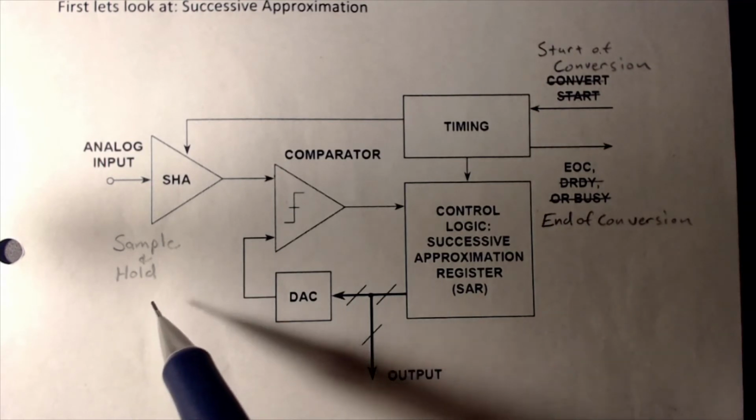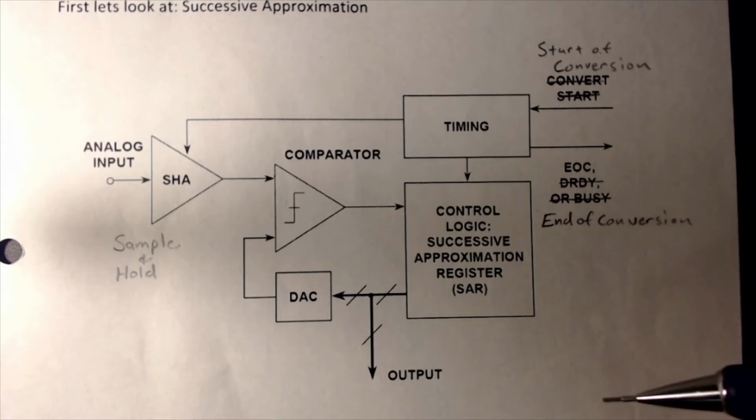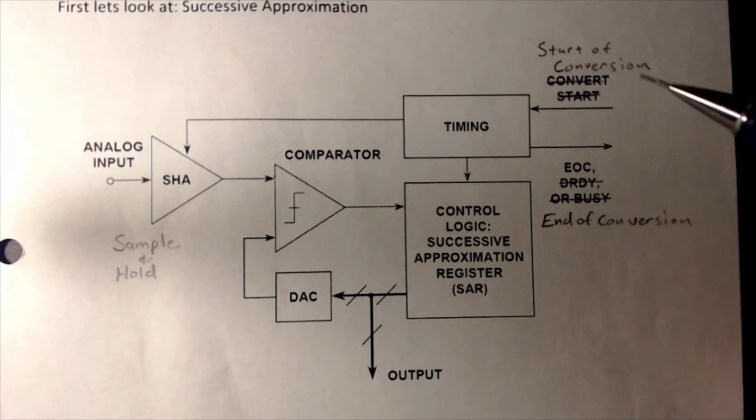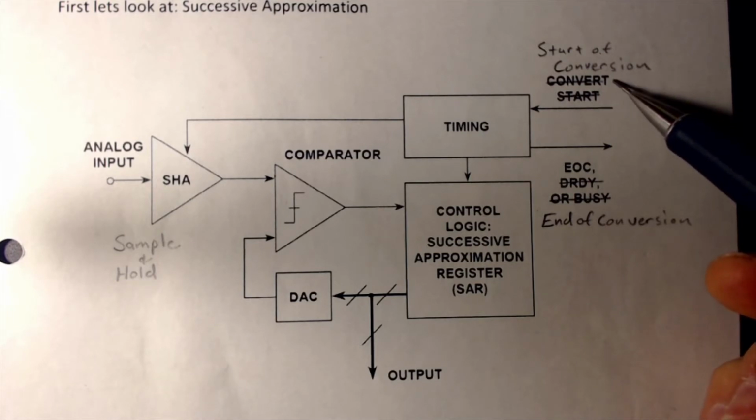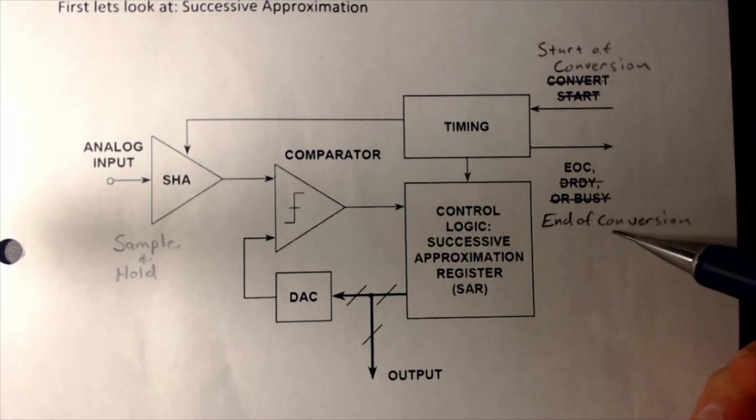It has an analog input, your digital output, and you're also going to need a couple of control signals. We need something to start the conversion, and something to let us know that the conversion is done.